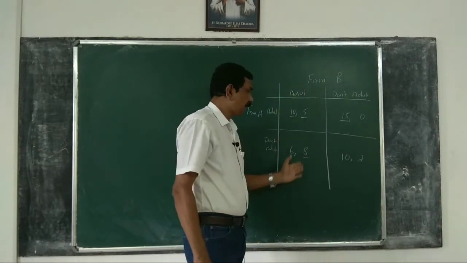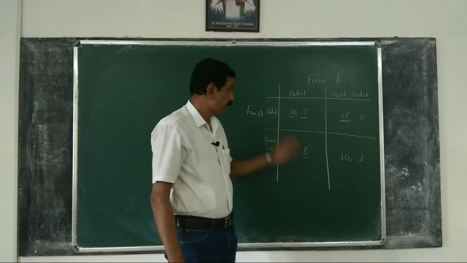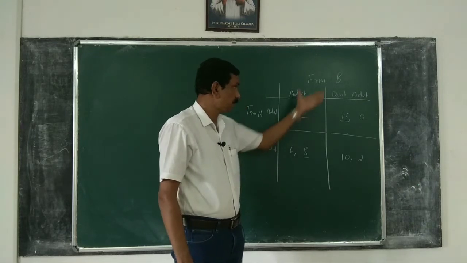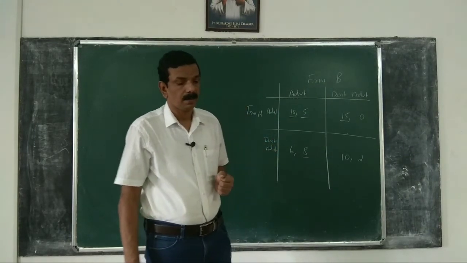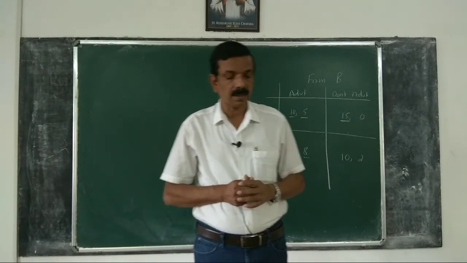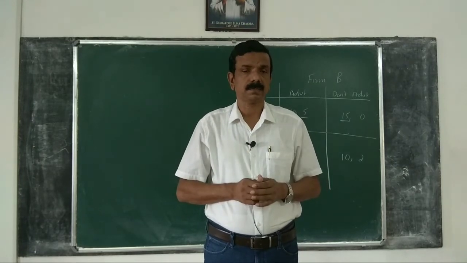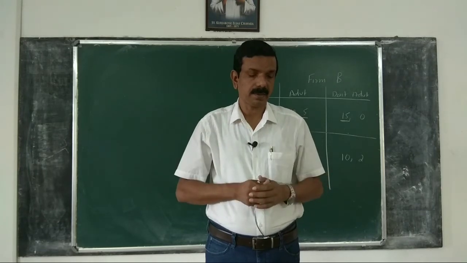So firm B has a dominant strategy. Irrespective of whether A advertises or not, it is better for firm B also to advertise. So we will say that both the firms have the dominant strategy, advertise.